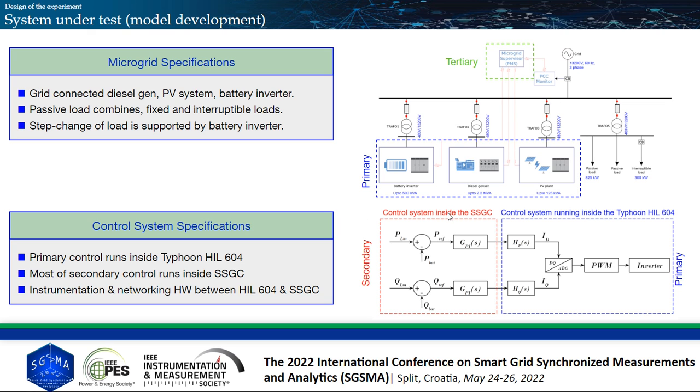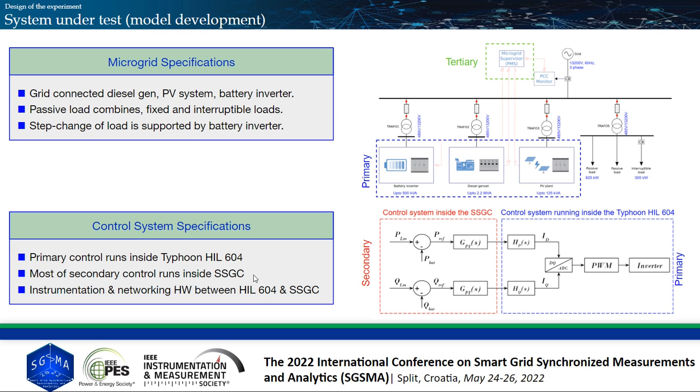On the control system front, the primary control runs inside the Typhoon HIL-604, which hosts the entirety of this microgrid. The microgrid we just spoke about is hosted on a Typhoon HIL-604 real-time simulator. Most of the secondary control runs in our hardware, which is the Synchrophasor Synchronization Gateway and Controller hardware.